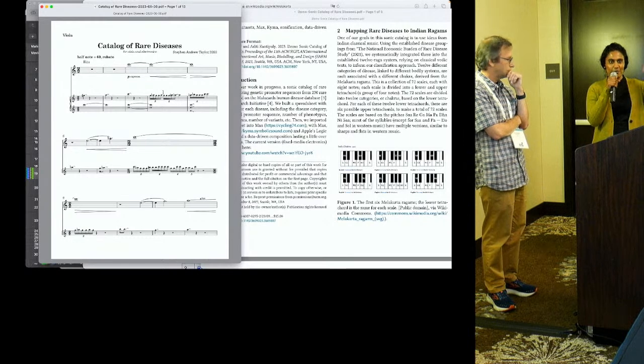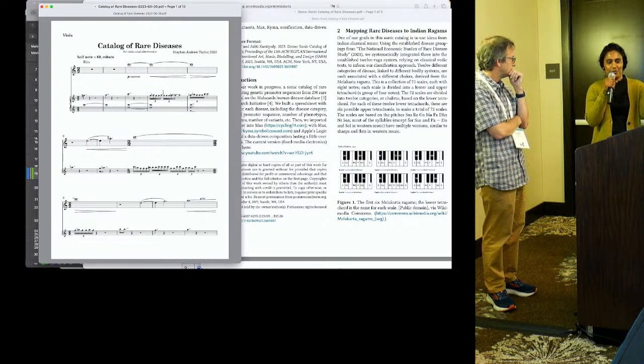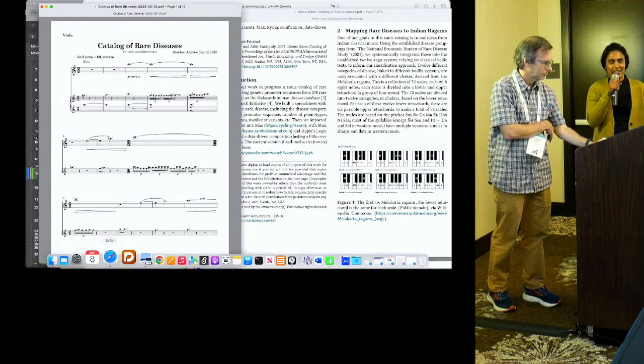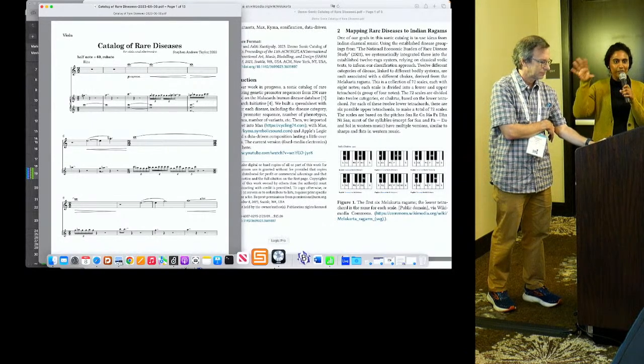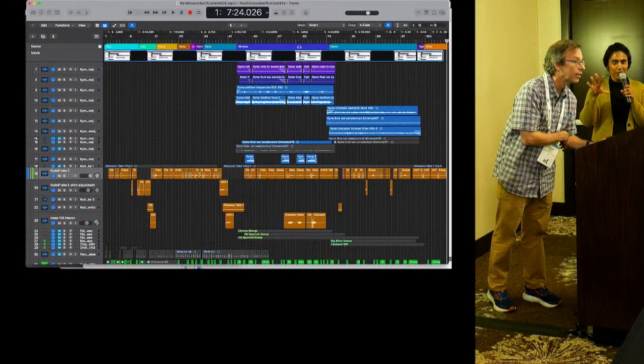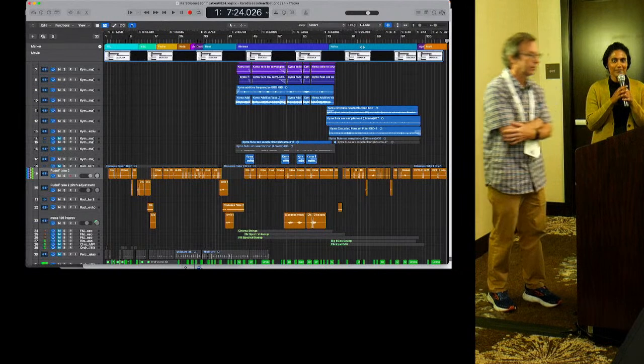We used that as a framework to transpose onto the Indian raga system, because the Indian Sanskrit words are a little more similar to these, if you can interpret it in some way. For example, Netra chakra is the eye, so we corresponded that to eye diseases, and we used that raga from the Netra system for the eye condition. That's the framework we used.